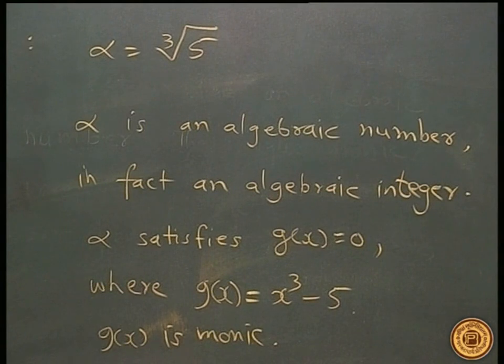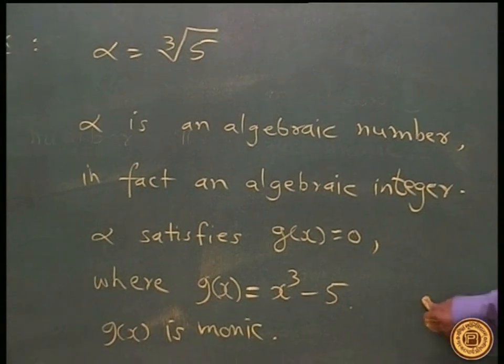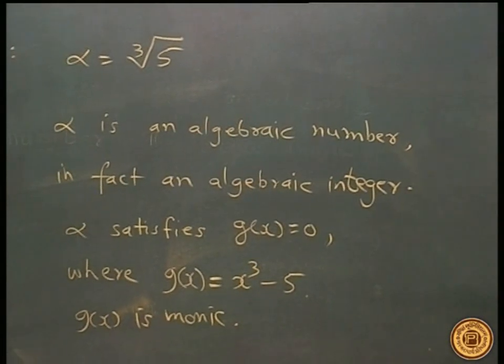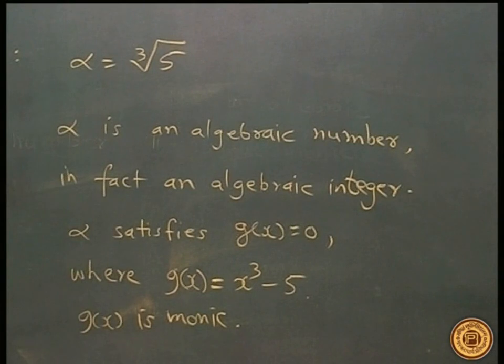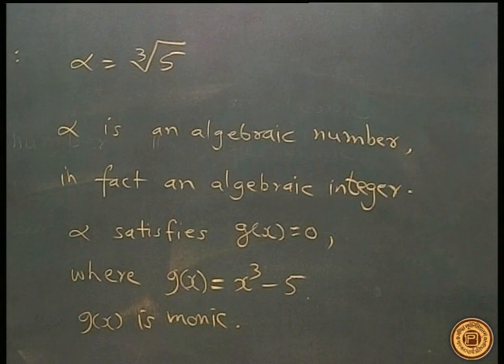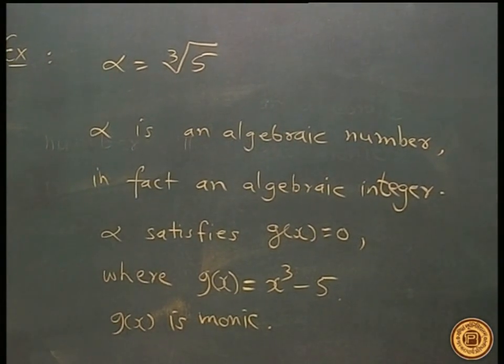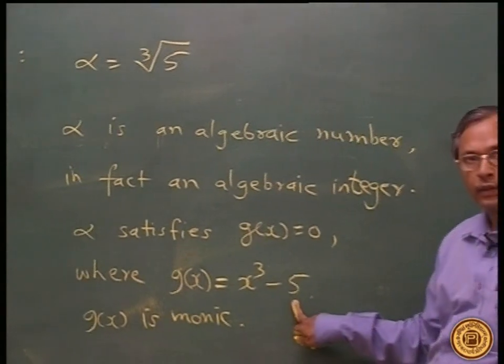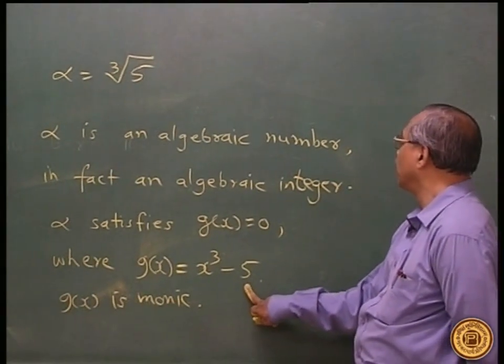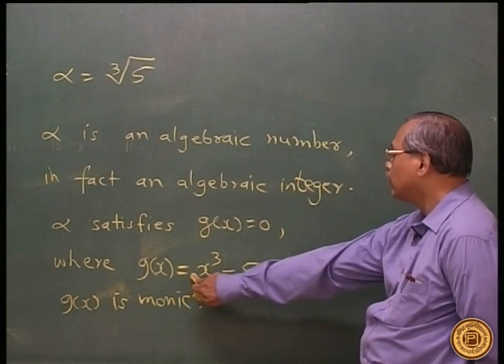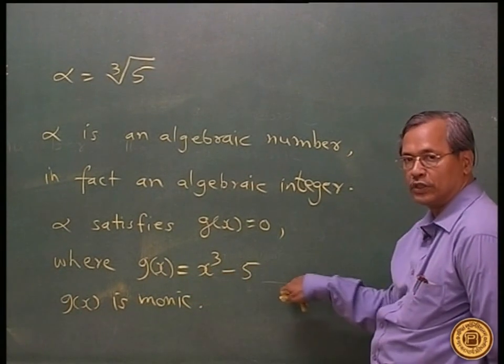Now, there are two ways of showing that it is an irreducible polynomial. One thing is that if you know the Eisenstein's criterion of irreducibility of a polynomial, using that you can show that this is irreducible. The criterion will tell you, because 5 is a prime number and 5 does not divide the leading coefficient, but 5 divides all other coefficients.